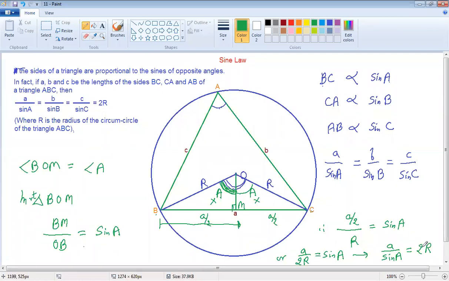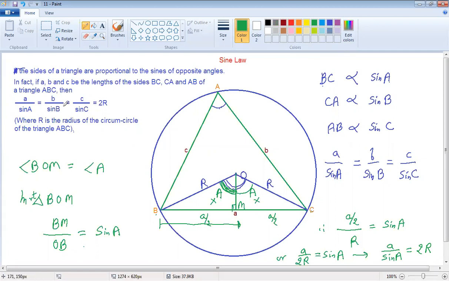So you can take the snapshot. Done it? Okay.